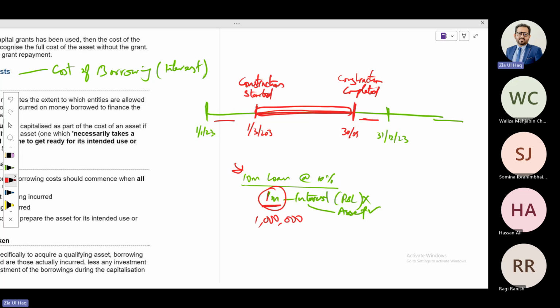From 1st March to 30th September: March, April, May, June, July, August, September, 7 months. This means out of this 1 million, 7 by 12 should be capitalized. The remaining 2 months and 3 months, so 5 by 12, should be recorded as expense in the profit and loss account.